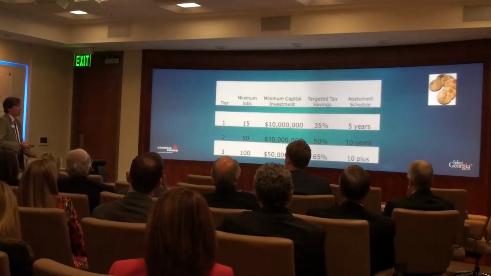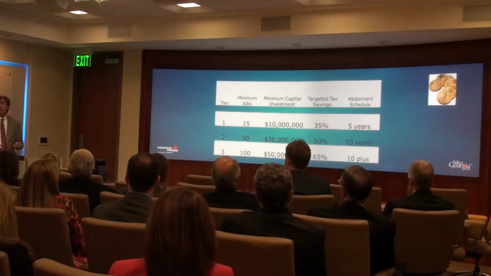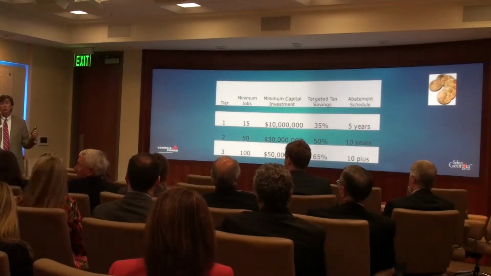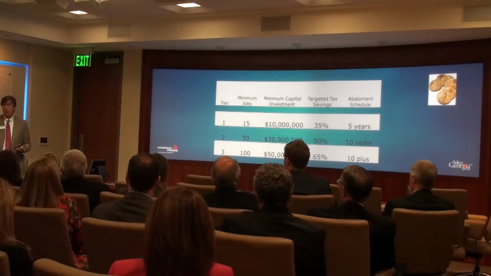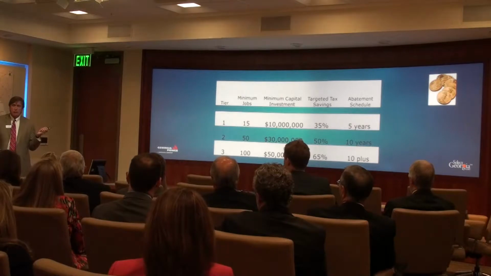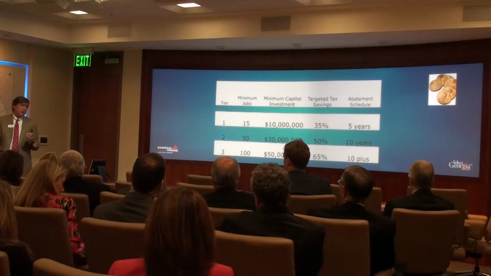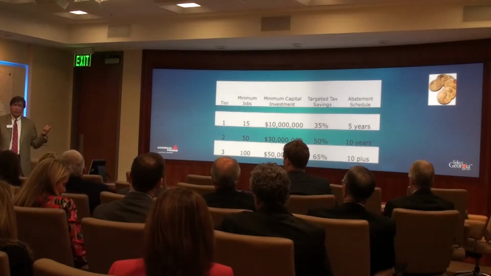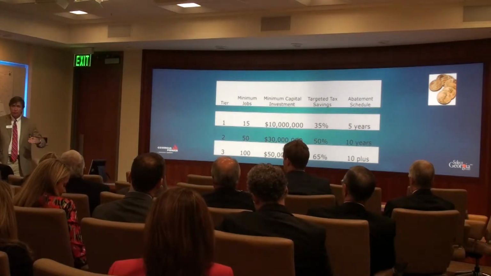Let me tell you why we have 10. So you're saying you see a fair number of projects with 2 or 3 or 4 million, right? All right, guess what? To make these tax abatements legal, they're going to incur some transaction costs that you're going to expect the project to pay for. And for the transaction costs, I use a rule of thumb, and again, it depends on what your county and school millage rates are.